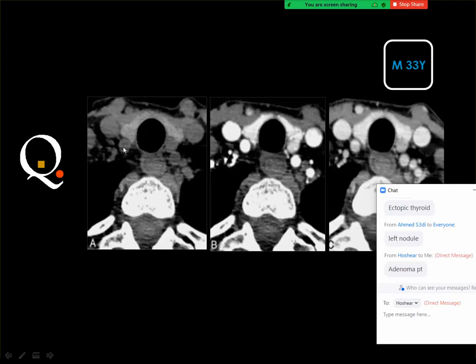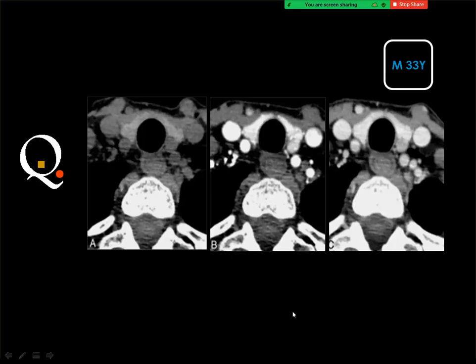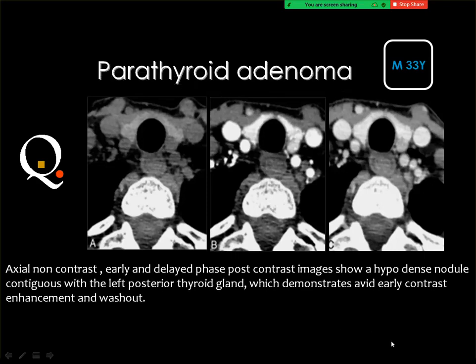If you look carefully here, this is the carotid, and this is the internal jugular, which are enhanced. But here you see the carotid and the internal jugular, and this is an extra abnormality, which is located posterior to the left lobe of the thyroid gland, diagnostic of parathyroid adenoma.